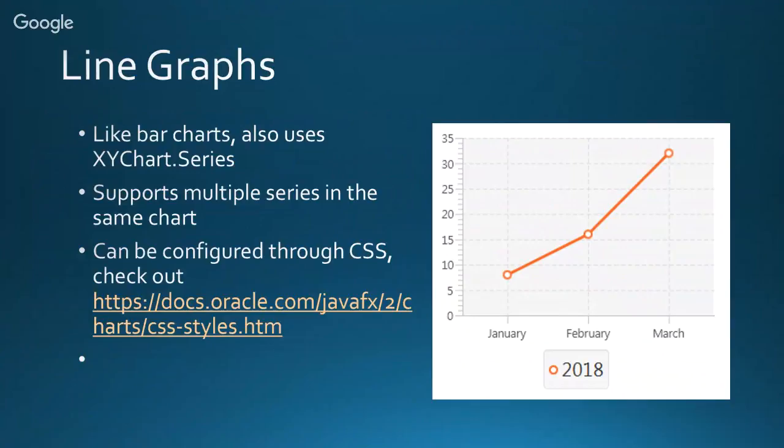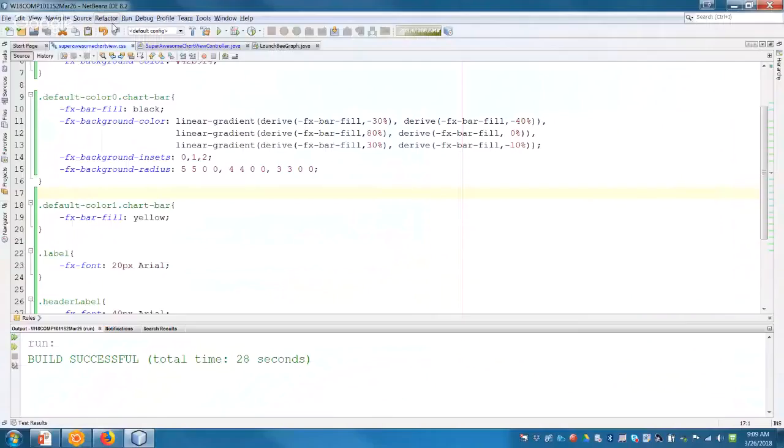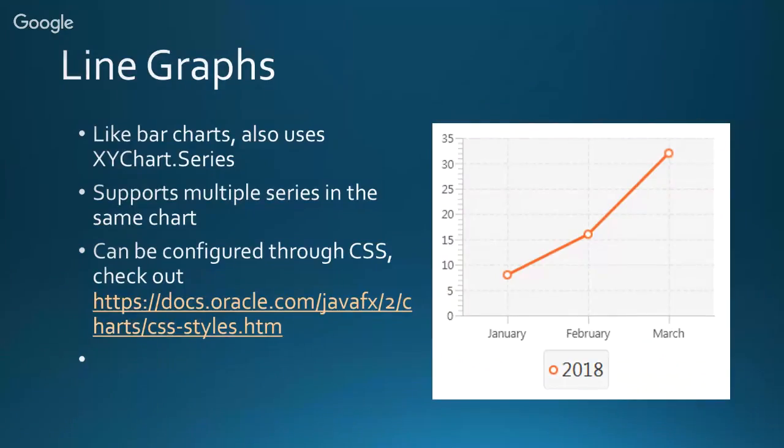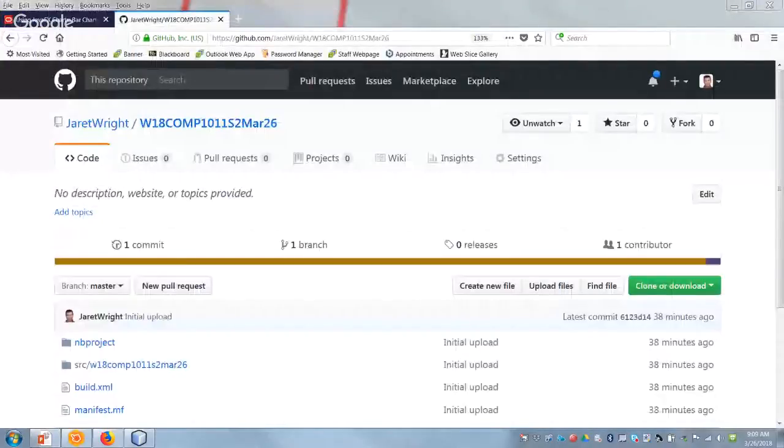You can copy and paste, you can do whatever you want, but just create a new file and create a line graph of B counts. Give it a try. It's the same type of thing, but it's a line chart instead of a bar graph. And while you're doing that, I will upload this to GitHub.